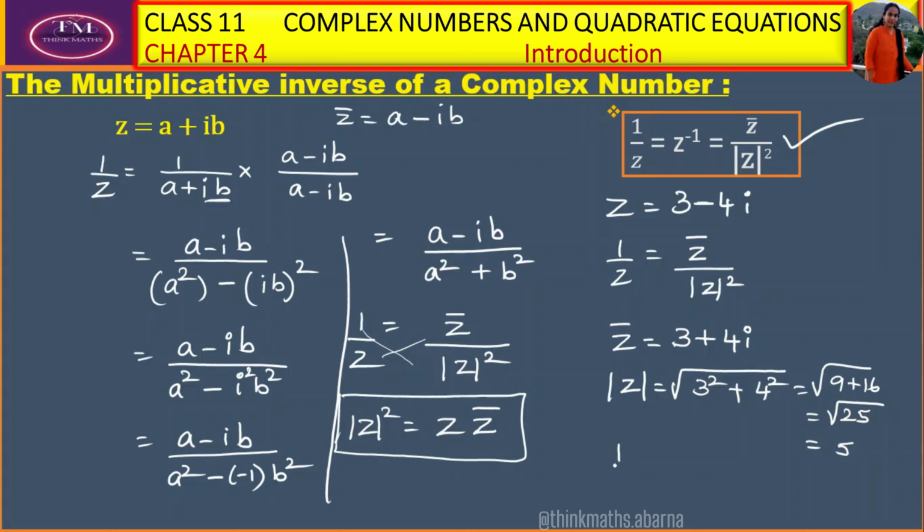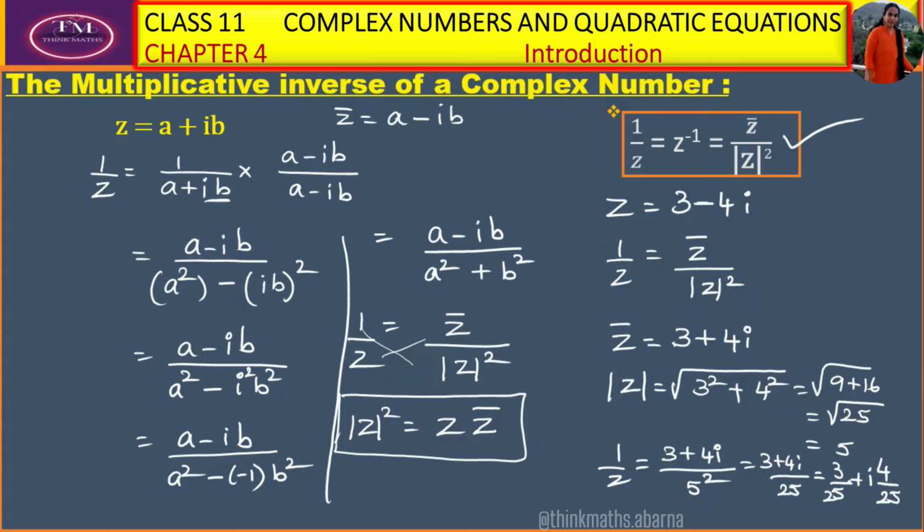So 1 by z equals, what is z bar? It is 3 plus 4i. What is modulus z? It is 5 square. So you will get 3 plus 4i divided by 25. 5 square is 25. So separating, 3 by 25 plus i into 4 by 25.